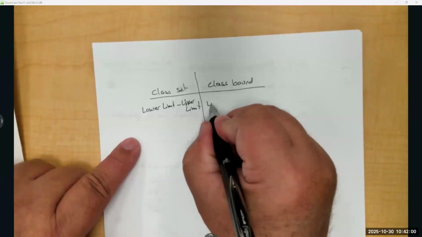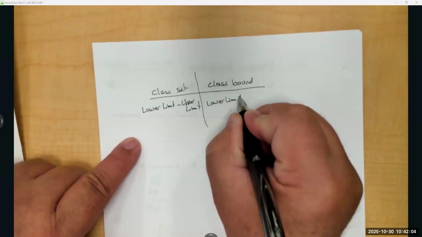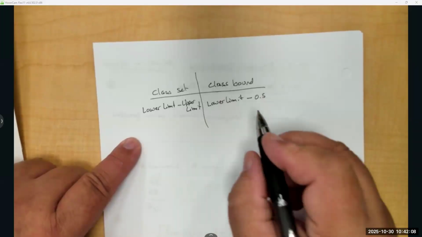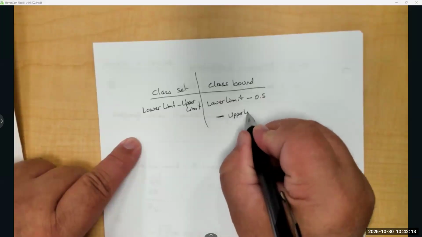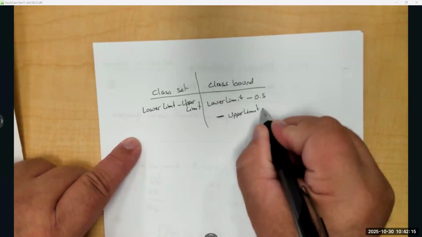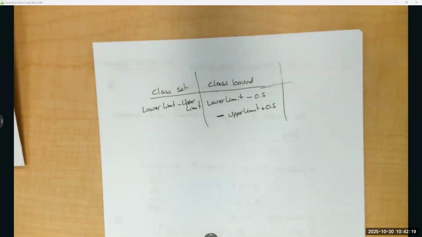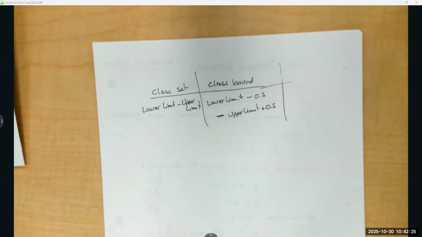So here we go to the lower limit minus 0.5 all the way to the upper limit plus 0.5. So you see what that does? It pretty much takes our data set and it kind of stretches it out to catch everything.